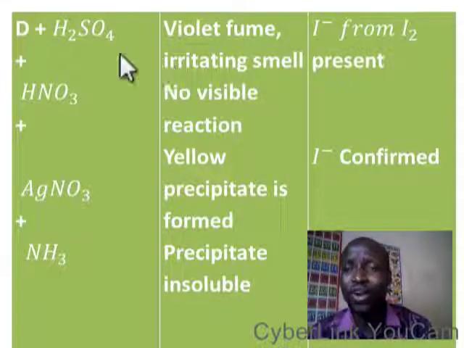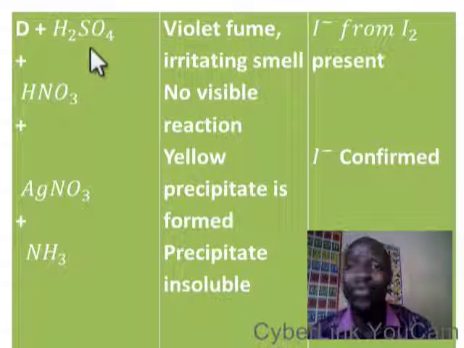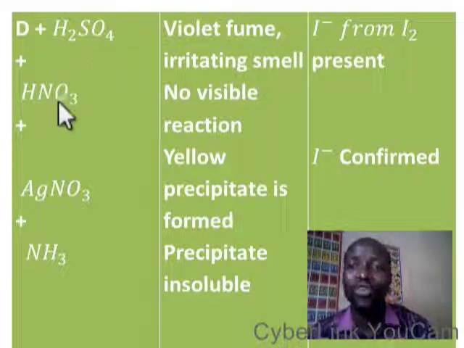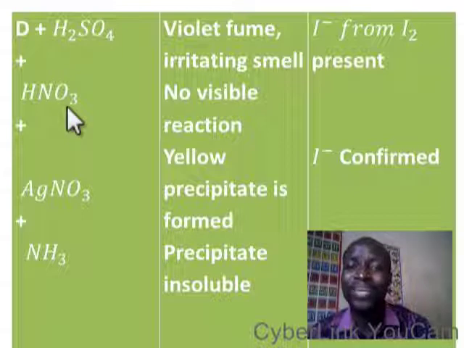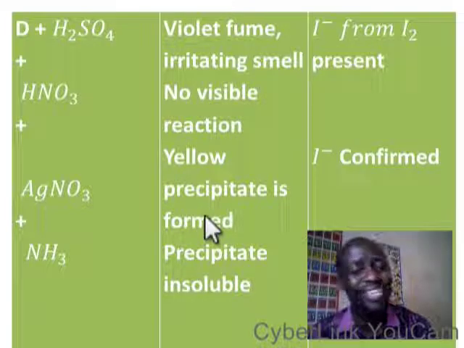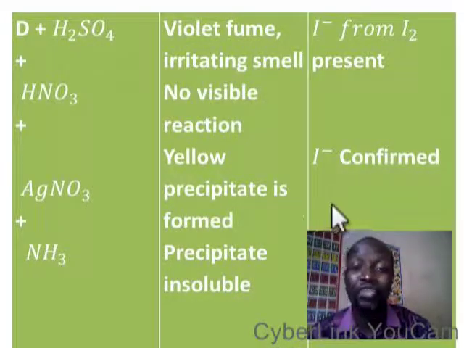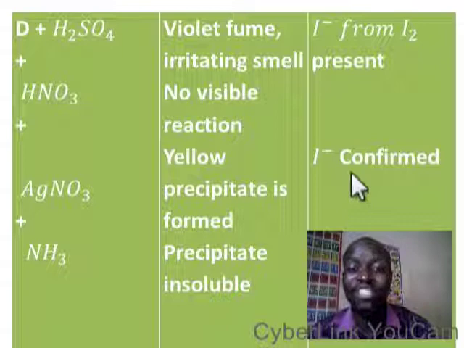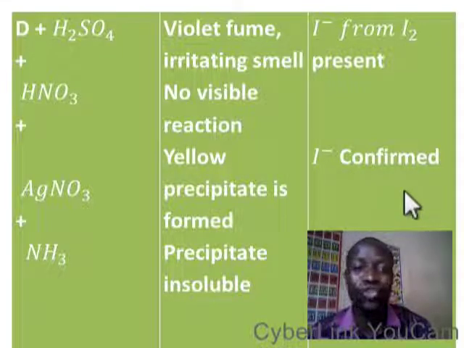But in place of all these, as soon as you add H2SO4 plus toluene's reagent, what you are going to have is yellow precipitate, insoluble in excess toluene's reagent. It also confirms the presence of iodide ion. So let's move on to the next slide now.